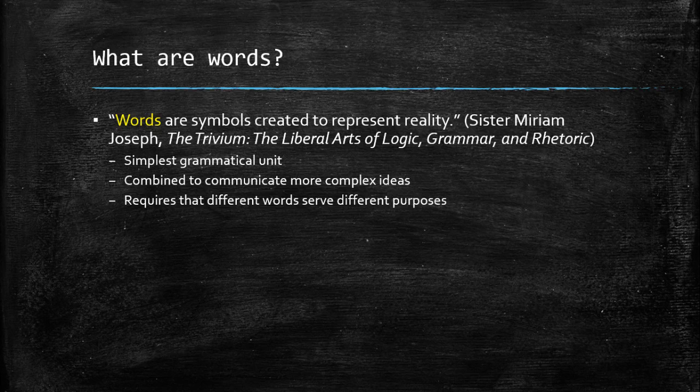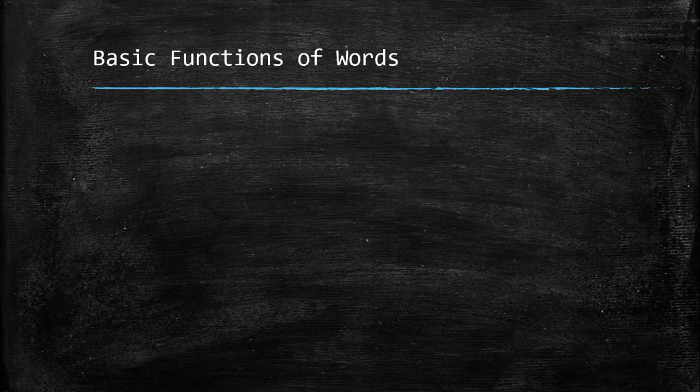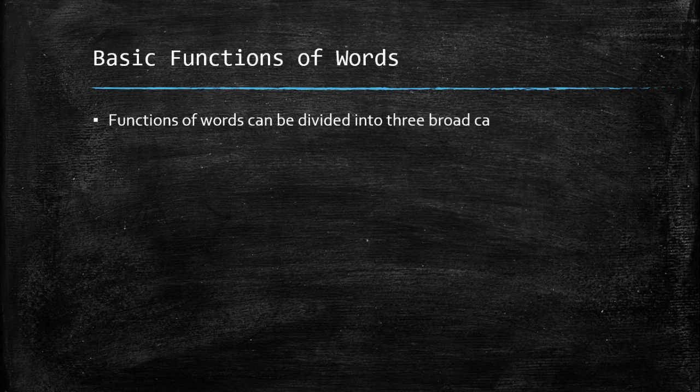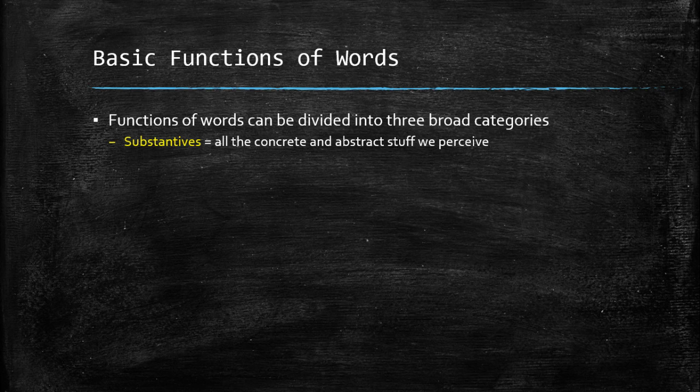And in order to communicate more complex ideas, we require that we have different words to serve different purposes. The functions of words can be divided into 3 broad categories. We have substantives, which are all the concrete and abstract stuff that we perceive in our minds, which include nouns and pronouns.